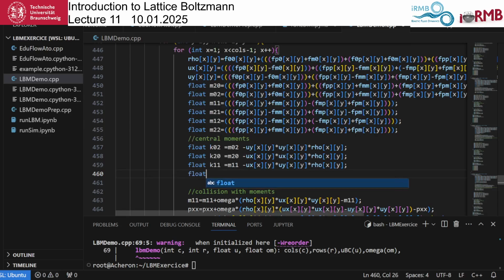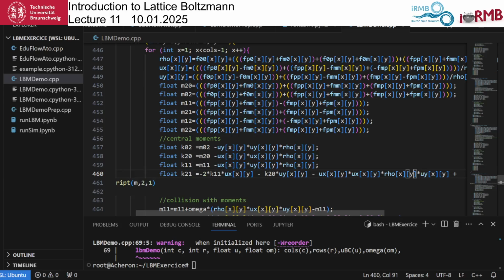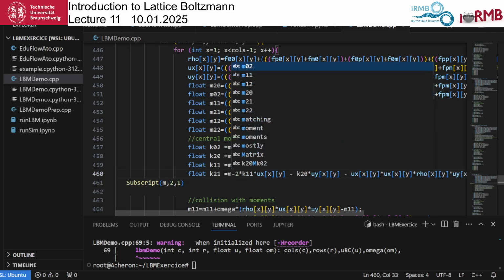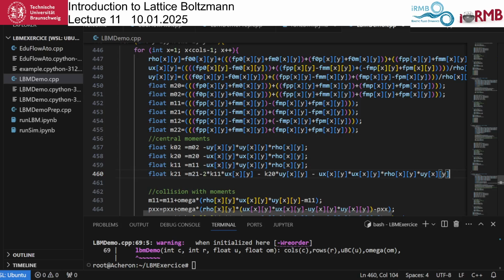So float K21 is equal to, and now we have this strange subscript thing here with a plus in front. So I'll write here M, so this is actually the moment M21. I'll delete this and I end the line.